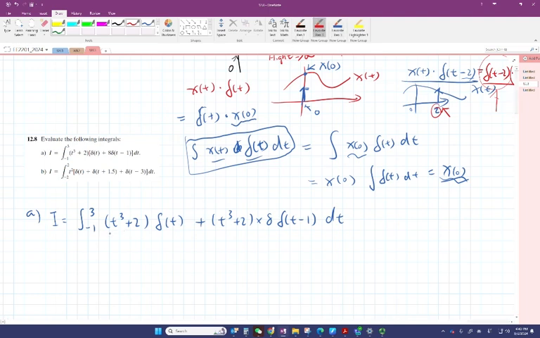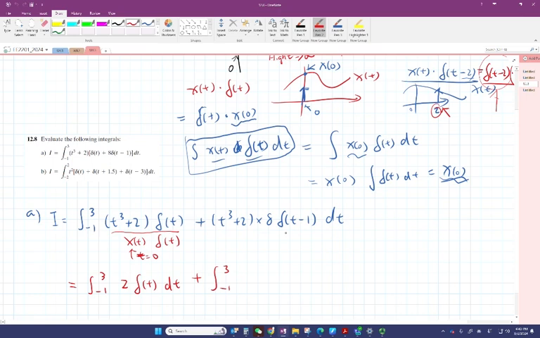For this one, this is x(t) multiplied with delta t. We just plug t equal to 0 into this, because that's the location of delta t. We learned this. So this one becomes the integral from -1 to 3, plugging 0 in, of 2 delta t dt, plus another integral from -1 to +3.